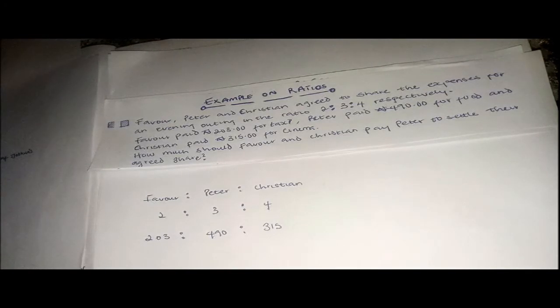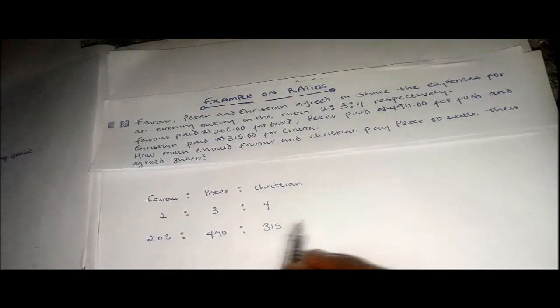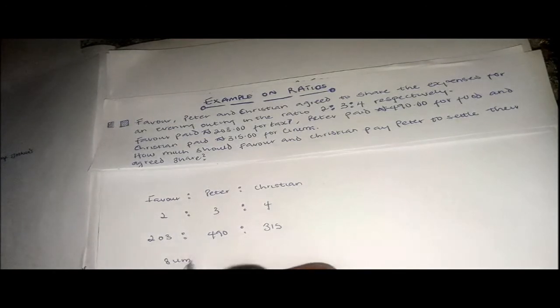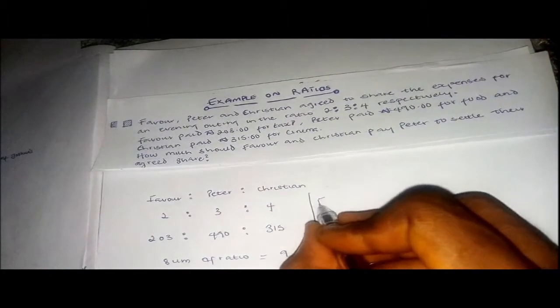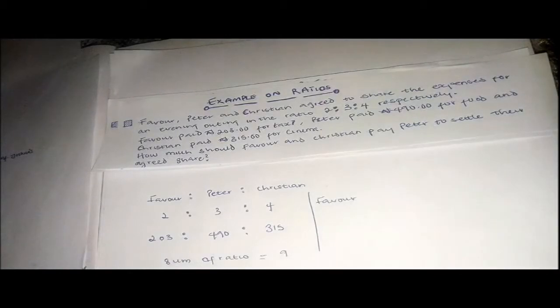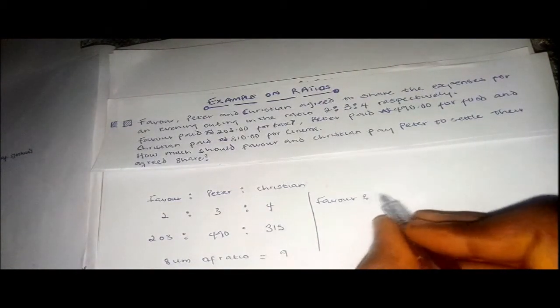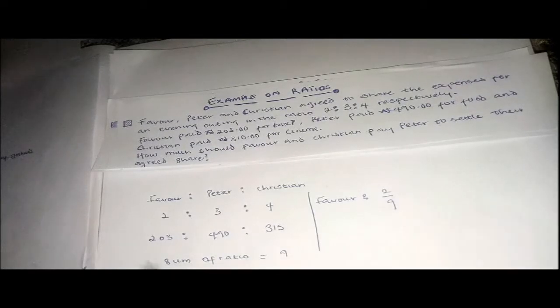Let's start by finding out the share of each, that is what each of them was supposed to spend based on the ratio. So now let's start with Favor. The sum of the ratios is actually 9. For Favor, what he was supposed to spend based on the ratio 2, we'll put 2 over 9, and the sum of what they spent is actually equal to 1008.